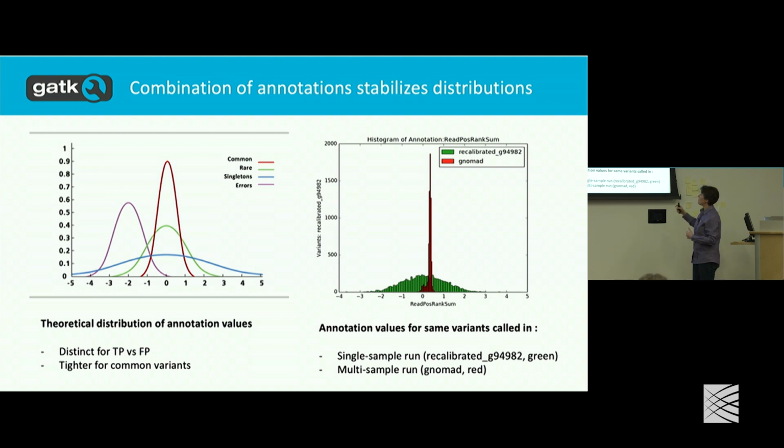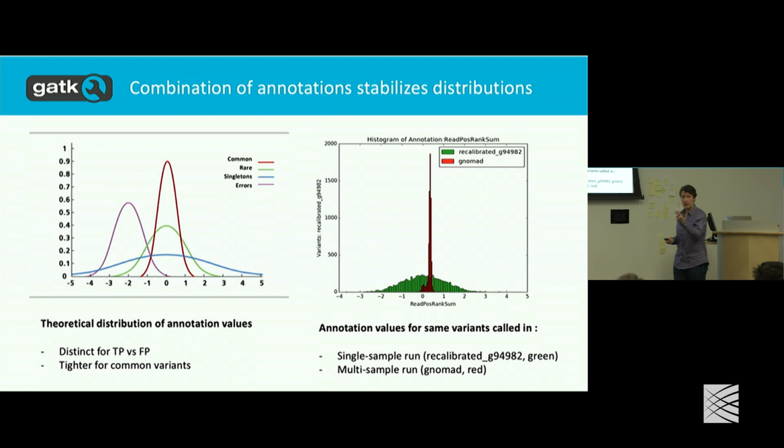In green, we have a single sample's annotation values, and then the annotation values for the same sample when it's joint called with gnomAD. You see that the distribution is much tighter, and therefore you will be able to have more separation on the left-hand side of things that are not to be trusted. Does that make sense?